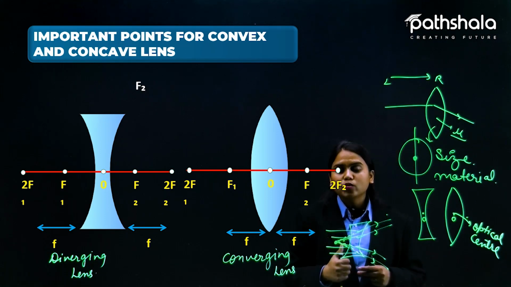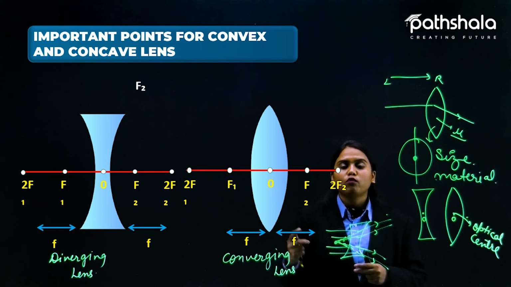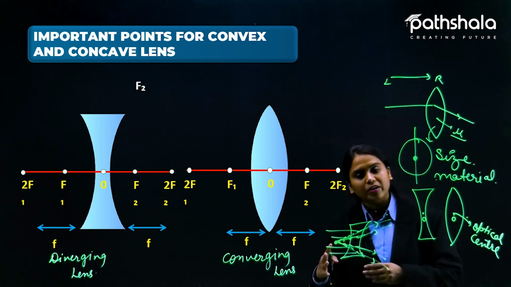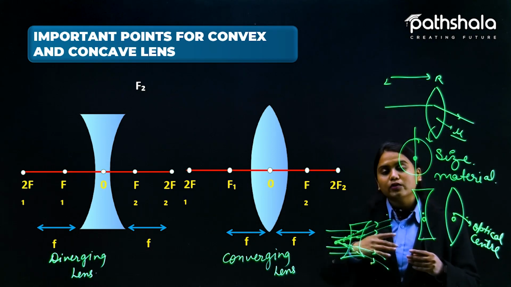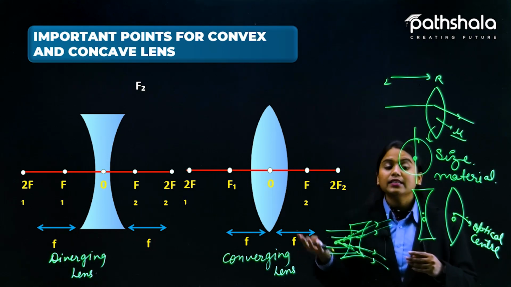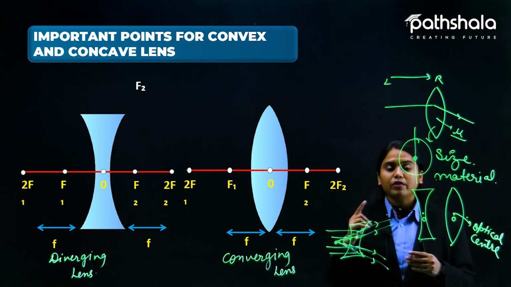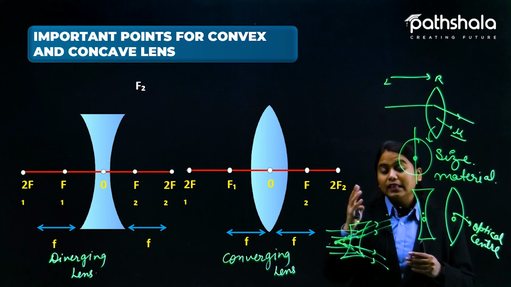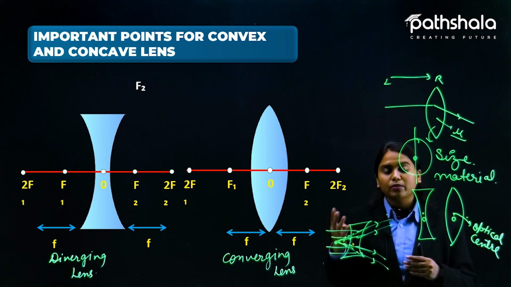That is why we are keeping two focus points here, because light could be coming from here also or here also, and we have two transparent surfaces. But in case of a mirror, we only had one reflecting surface, the only reflection thing.